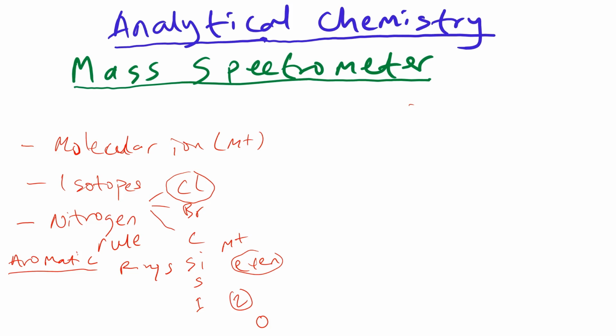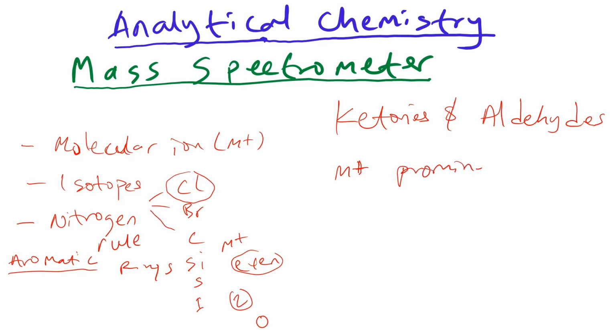Let's look at another functional group: ketones and aldehydes. Ketones and aldehydes usually have a very prominent M+ molecular ion, most especially ketones.